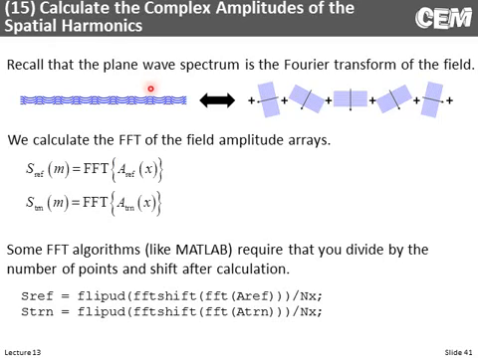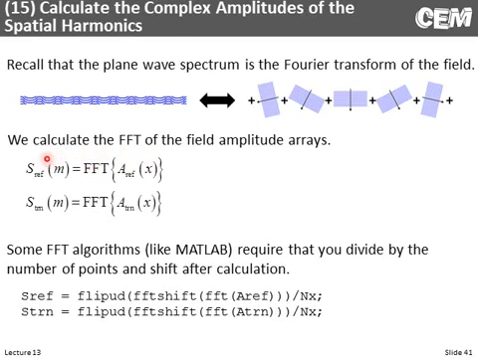We're going to use this concept of the plane wave spectrum, where if we have a periodic field, we can think of that as a sum of plane waves, all at different angles. Also remember, these higher order ones are probably evanescent. Usually only the lower order plane waves are actually plane waves. The rest are evanescent. So we take these amplitude terms now and we FFT them.